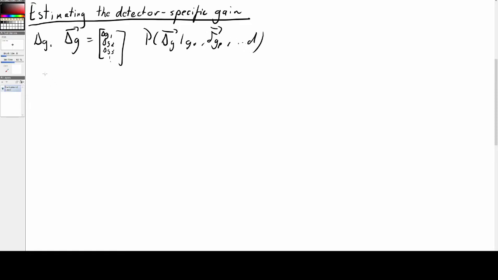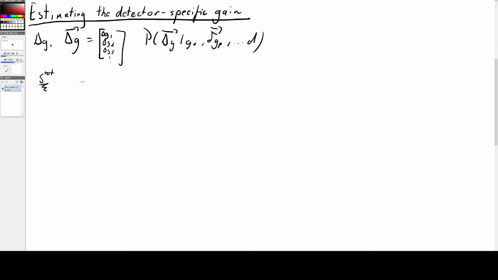And what I said earlier was that we would like to estimate these factors using the orbital, not the solar dipole. And I also said that the solar dipole is strong enough that it dominates all of the other signals. So that means that we can just use the total signal when we want to estimate these.